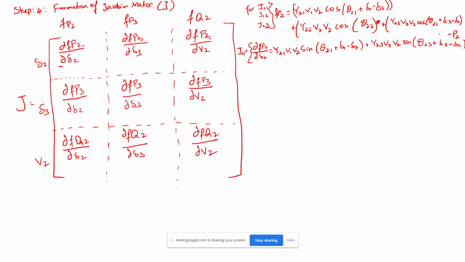P2 is constant, so it gives 0. So this is the value for J11.